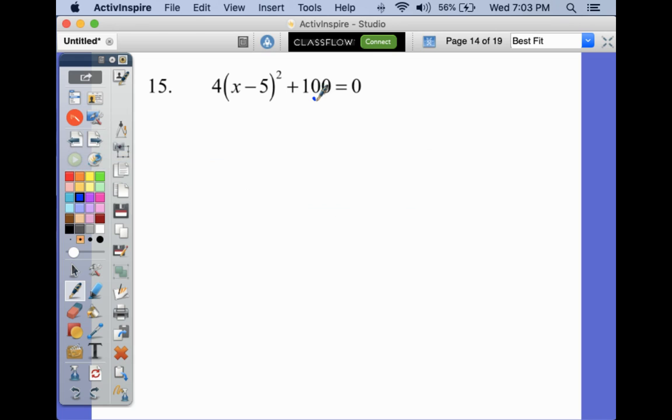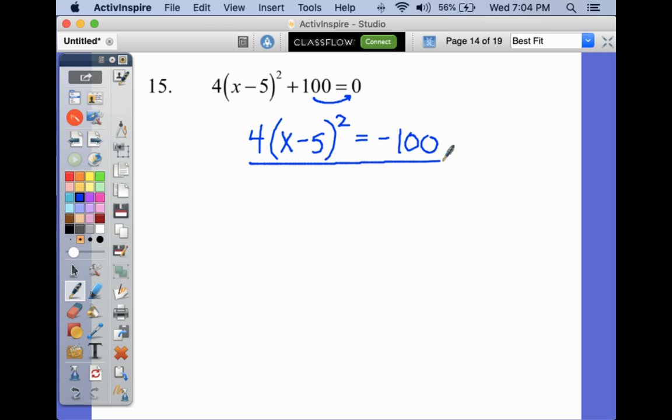Okay, so here we're going to start by moving the 100 over. So 4 quantity x minus 5 squared equals negative 100. Divide by 4. That cancels out. We get x minus 5 squared equals negative 25.